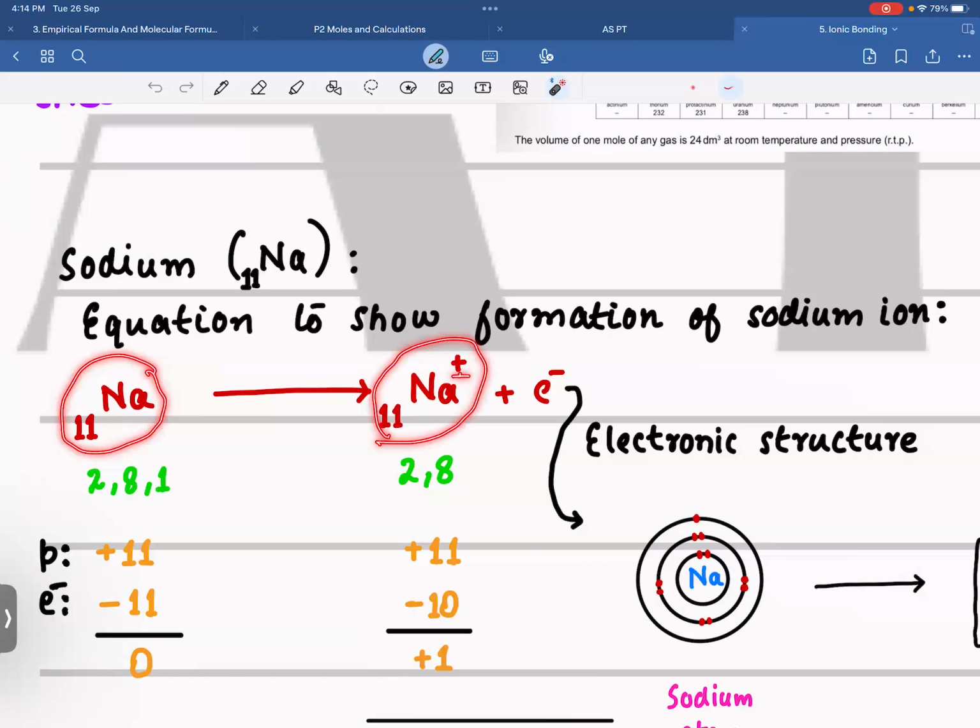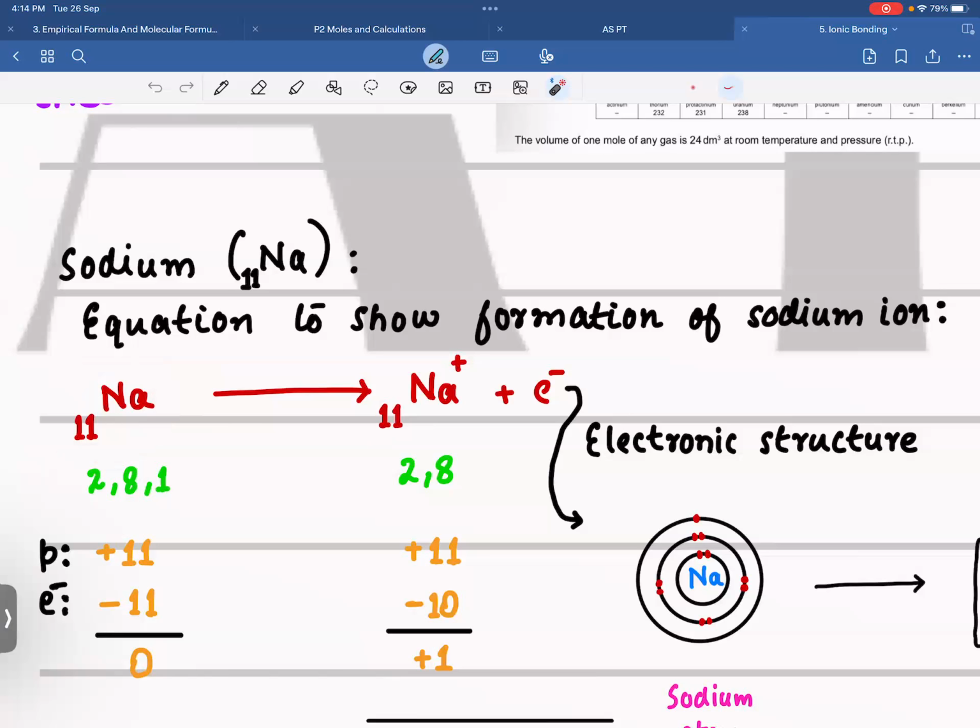Why is it so? Because the protons are still 11, so there are 11 positive charges, but the electrons become 10, so there are 10 negative charges. If we add them, we get a charge of plus 1. That's why this ion carries a plus 1 charge. Is this understandable?